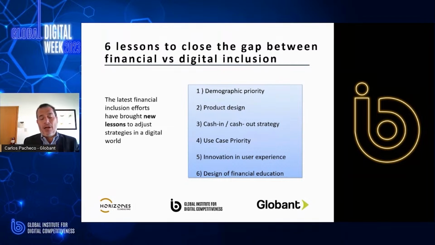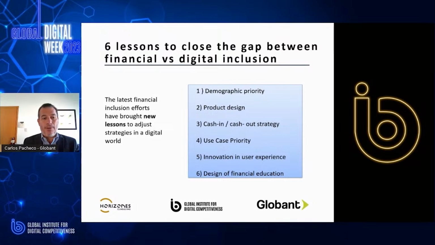Our first lesson has to do with demographic priority. I mean, what is the most effective segment focus to further financial inclusion? The second lesson will tell you more about what is the optimal product design to be more effective in these efforts.